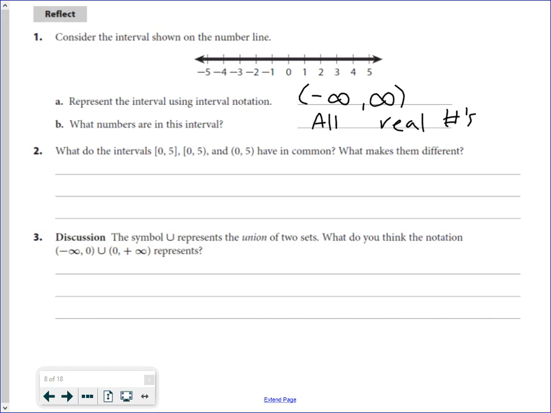So now, what do the intervals (0, 5), [0, 5], and [0, 5) with different parentheses or square brackets have in common? What makes them the same is that they all have the same numbers inside of the interval. So they all have the same numbers, every number from 0 to 5.